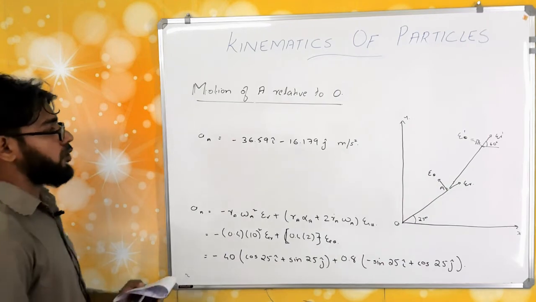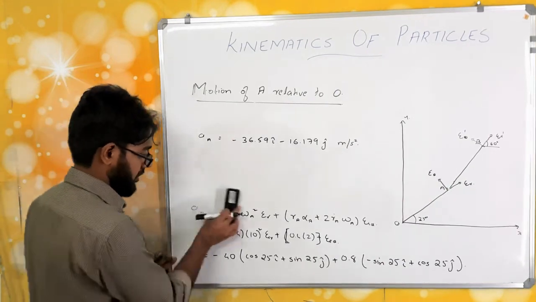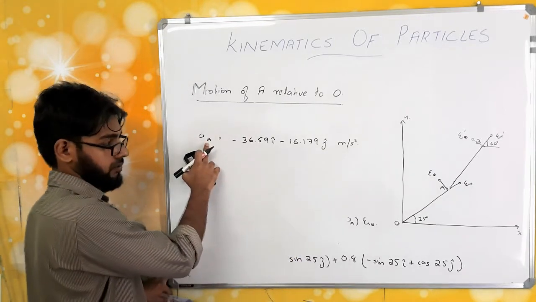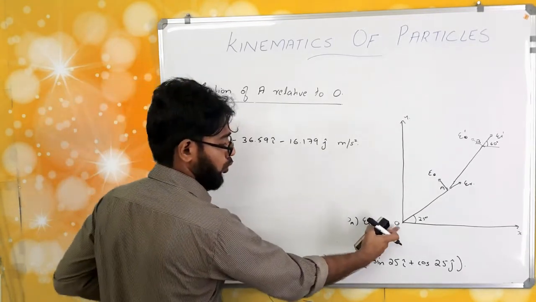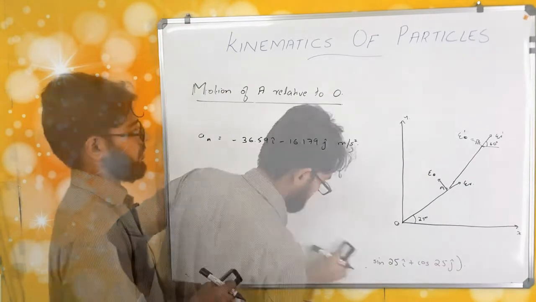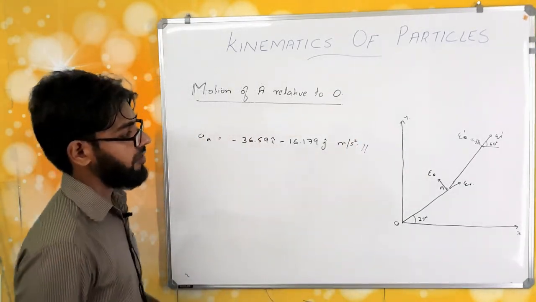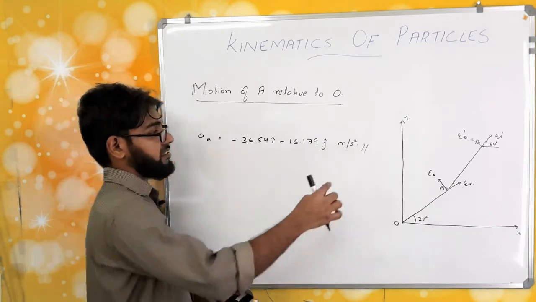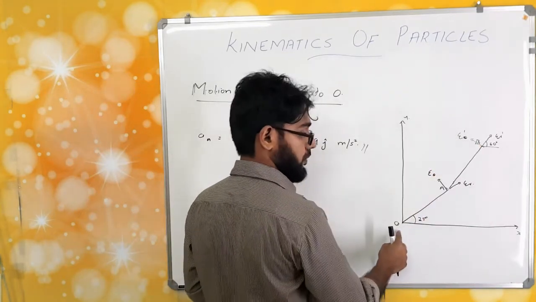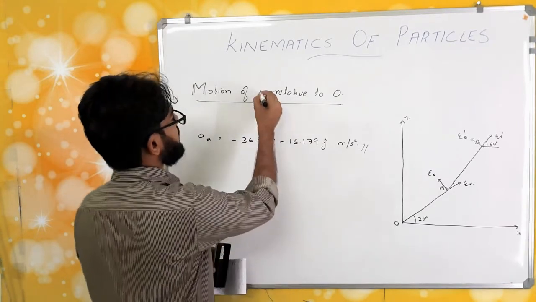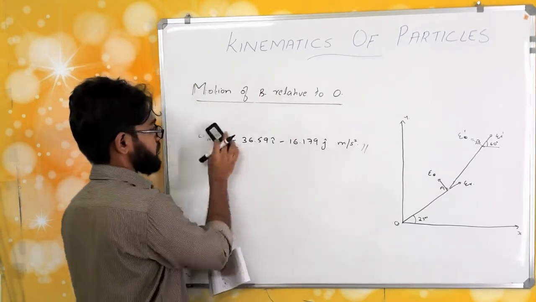So this is the corresponding value of acceleration of A with respect to O. Now our aim is finding the corresponding acceleration of B with respect to O. So here I write B with respect to O.